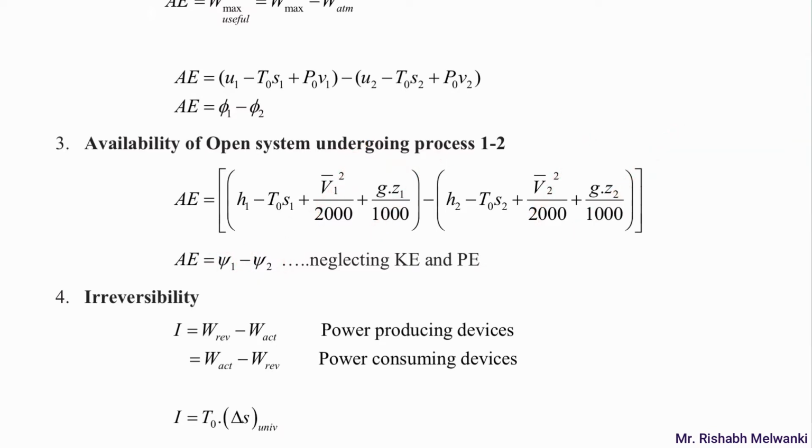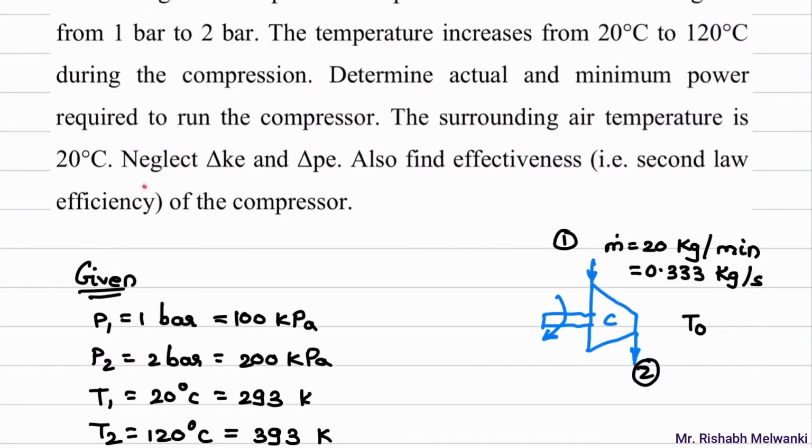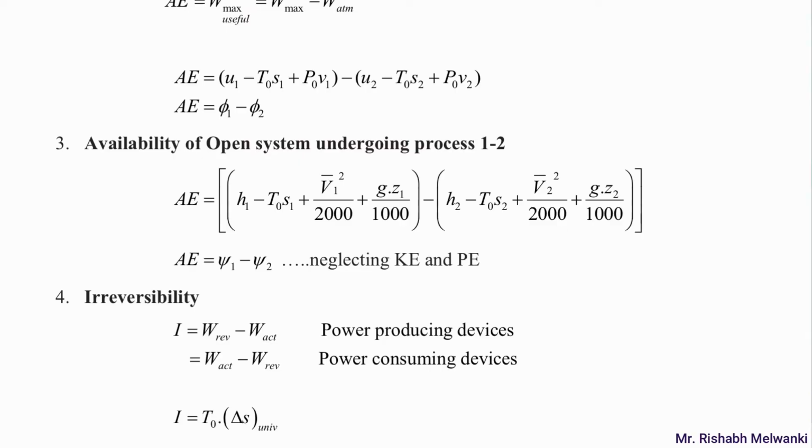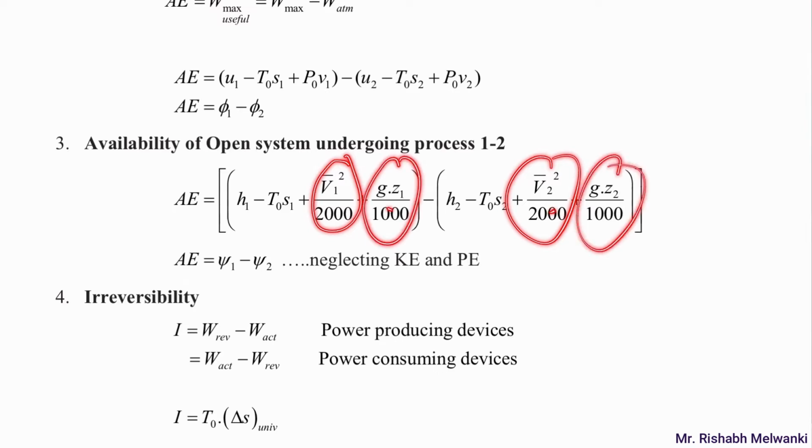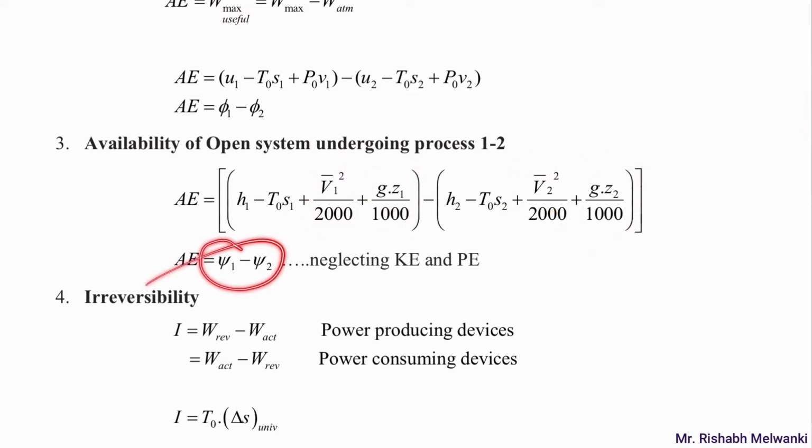In this question also the same thing is mentioned. Meaning in this equation, this part will not come. This is kinetic energy related and this is potential energy related. So we have to just find psi1 minus psi2 basically. That will give us available energy, that is minimum power.